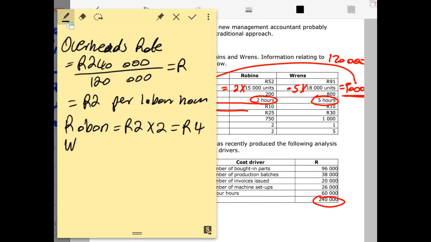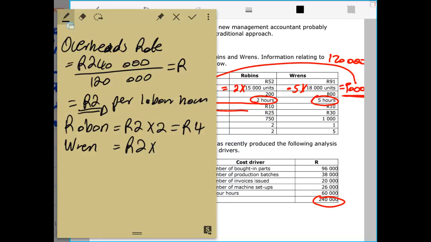Then we calculate the overhead cost per unit for REN. It will be 2 rand, which is our overhead recovery rate or absorption rate. We say 2 times the number of hours it takes to complete 1 unit of REN, and it takes 5 hours to complete 1 unit of REN.